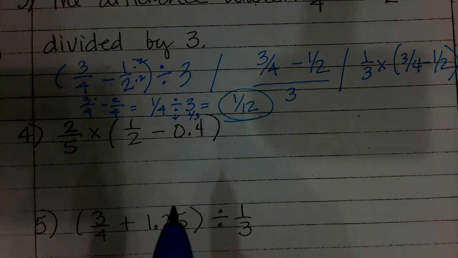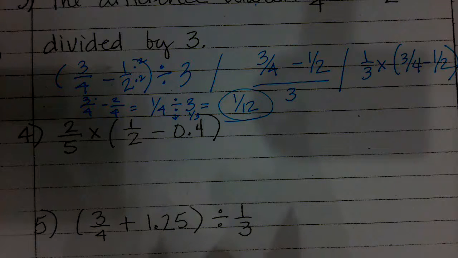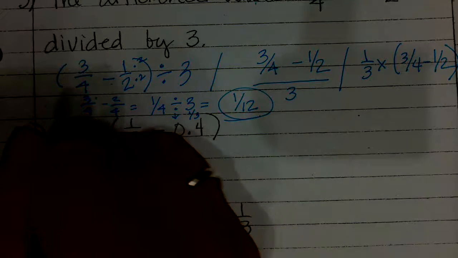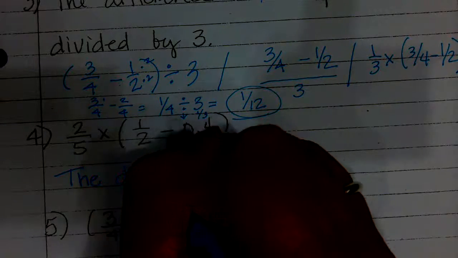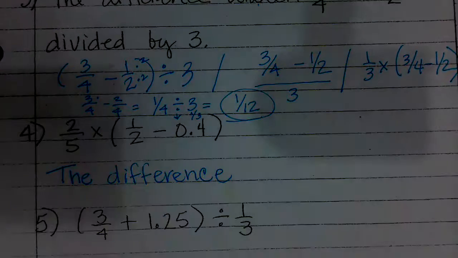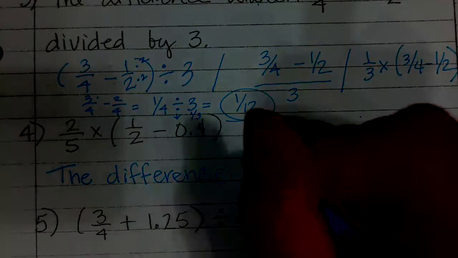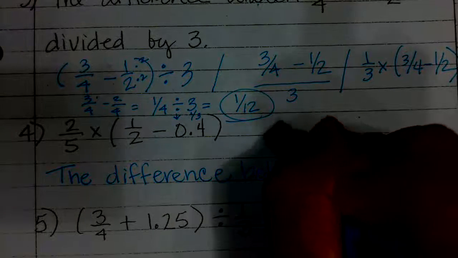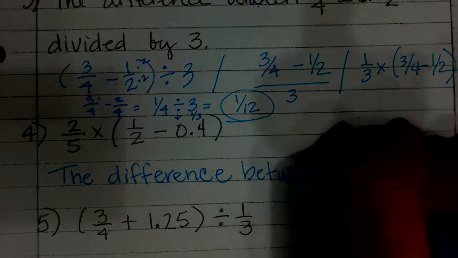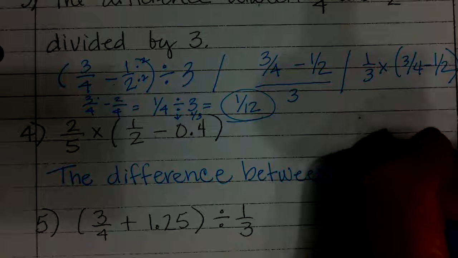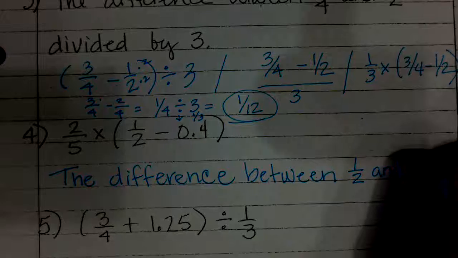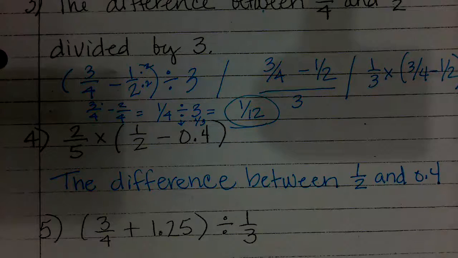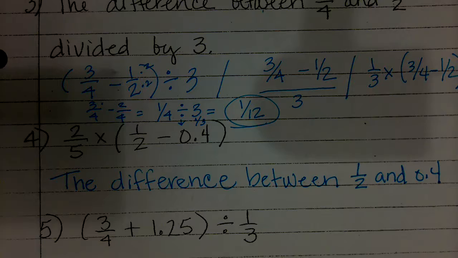So how should we write this out? Should we write the difference between 1/2 and 0.4, and then what?